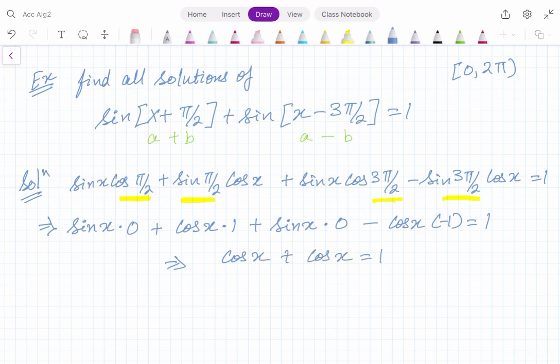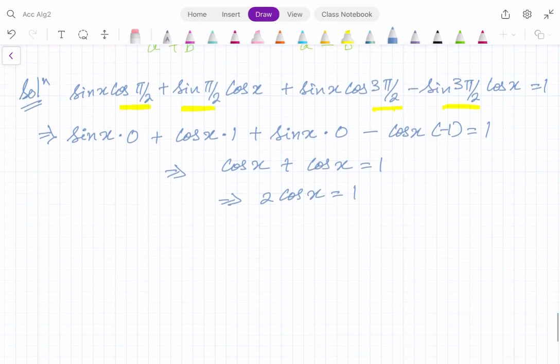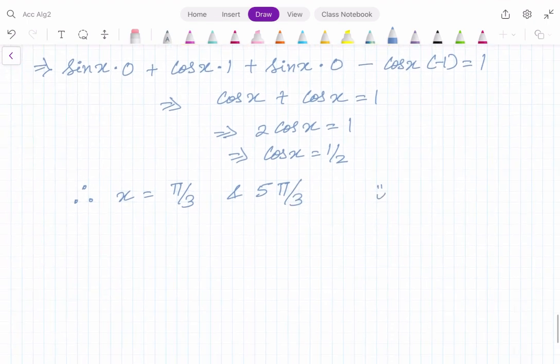So anything times 0 is 0, so we will be left with 2 cos x is equal to 1. And we can say cos x is nothing but 1/2. Now, cos x will be 1/2 at what angles? At pi thirds and 5 pi thirds. This is my happy chappy answer.